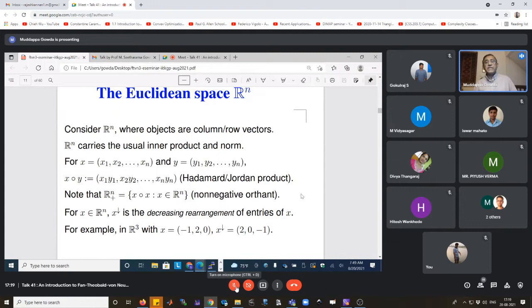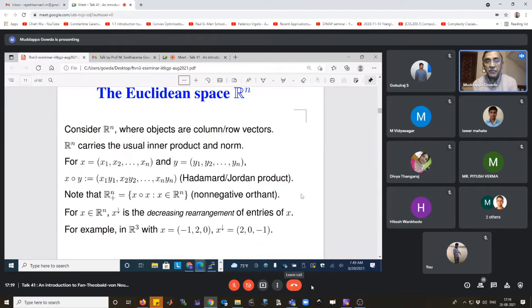When I'm dealing with matrix multiplication, I think of them as column vectors. I take two vectors x and y with components x1, x2, ..., xn and y1, y2, ..., yn. I define the so-called x circle y, which is simply the vector consisting of the corresponding component products. That is, x circle y is (x1y1, x2y2, ..., xnyn).